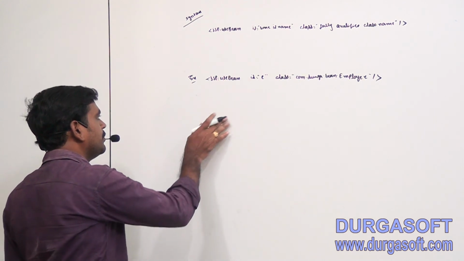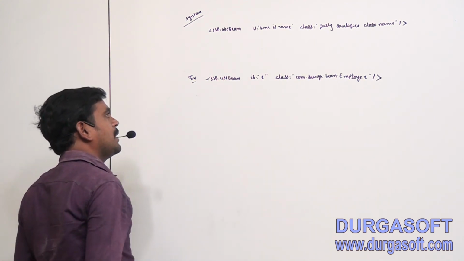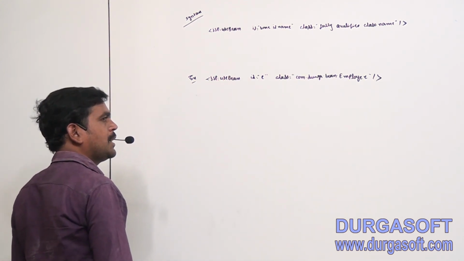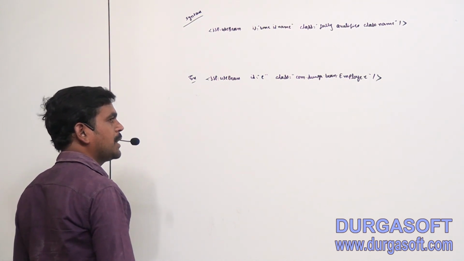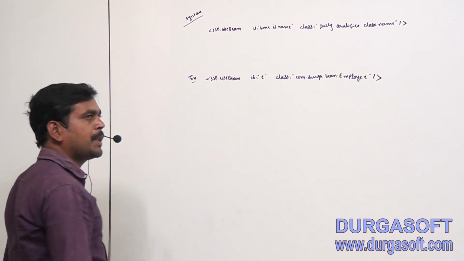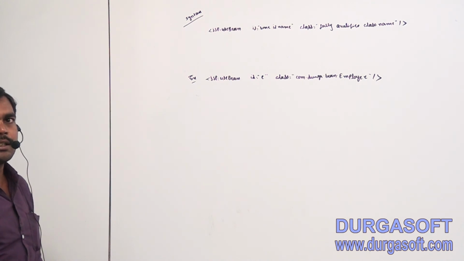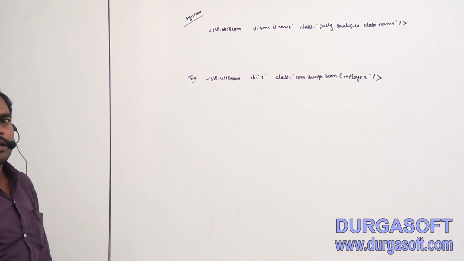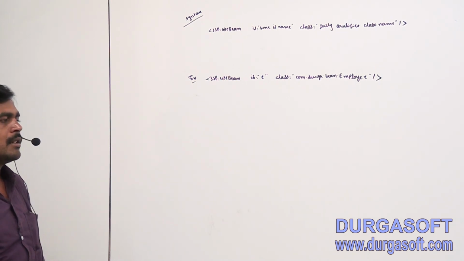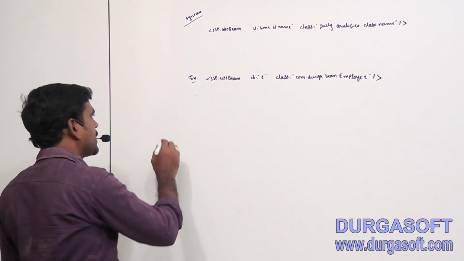The next tag is the setProperty tag. By using the setProperty tag, we can set the input values. The end user entered input values we can set inside that bean. What is the syntax here?